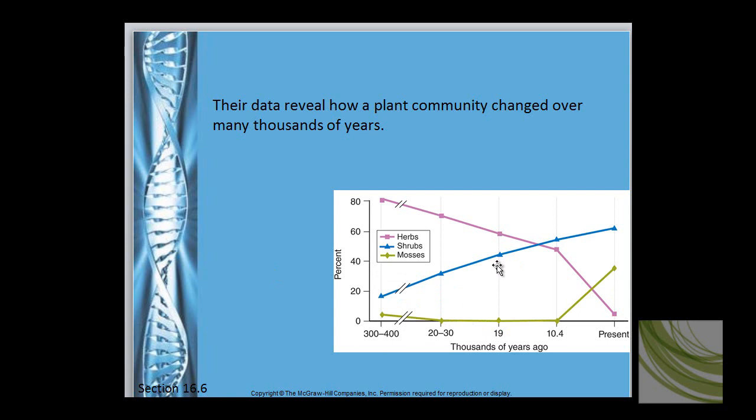Shrubs have been steadily increasing, but herbs have been steadily decreasing. So this means increasing and decreasing in availability, how much of the area is covered by them, things like that. And it just shows that basically these different plant groups are competing for resources.